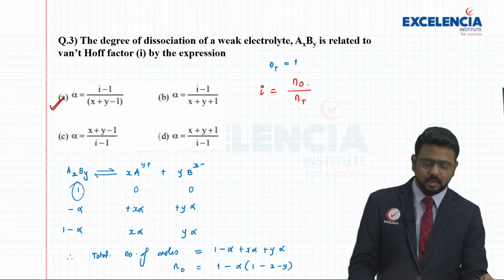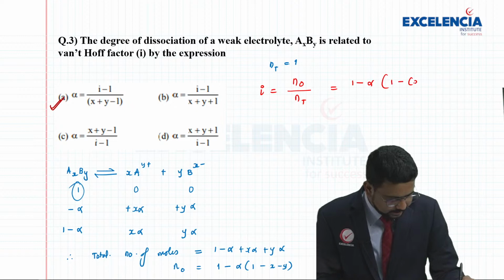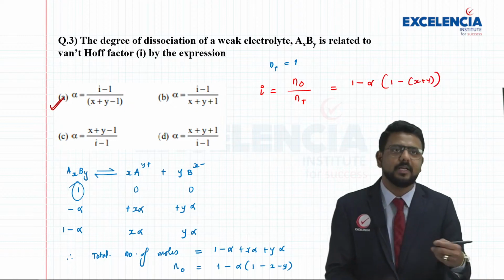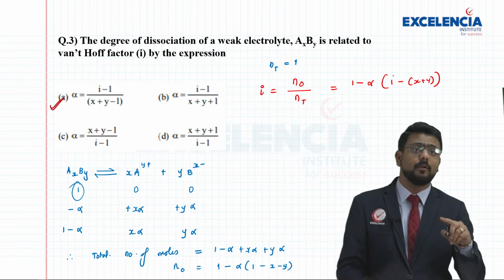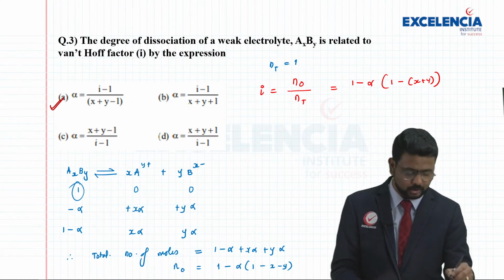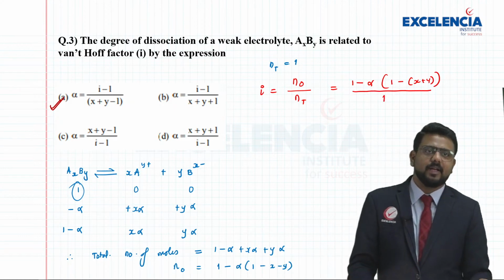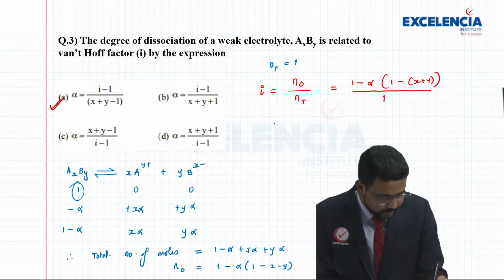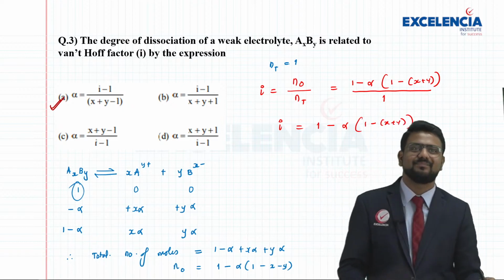Now the number of moles observed is 1 minus alpha times 1 minus, if I am taking the negative sign out, x plus y, divided by the theoretical number of moles, which we have taken as 1. So in short we are left with i equal to 1 minus alpha times 1 minus x plus y.